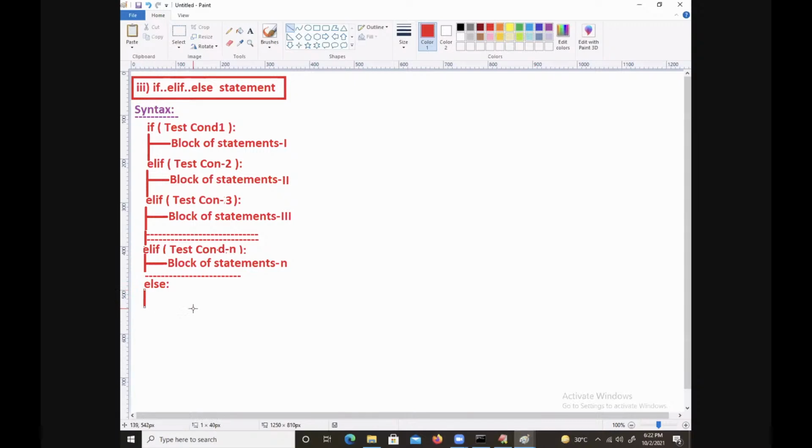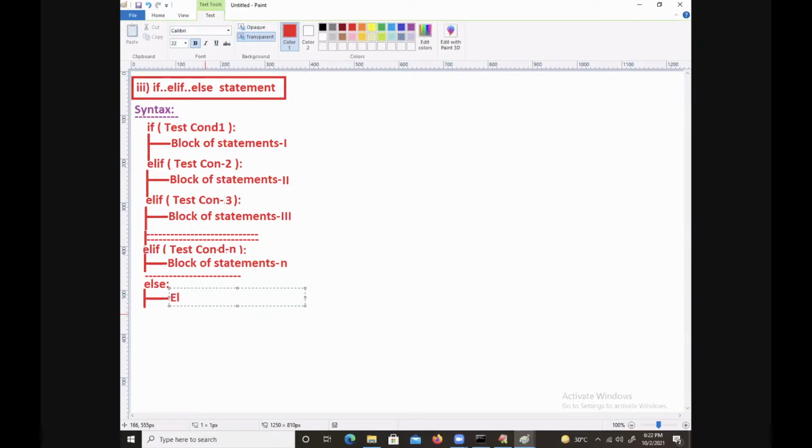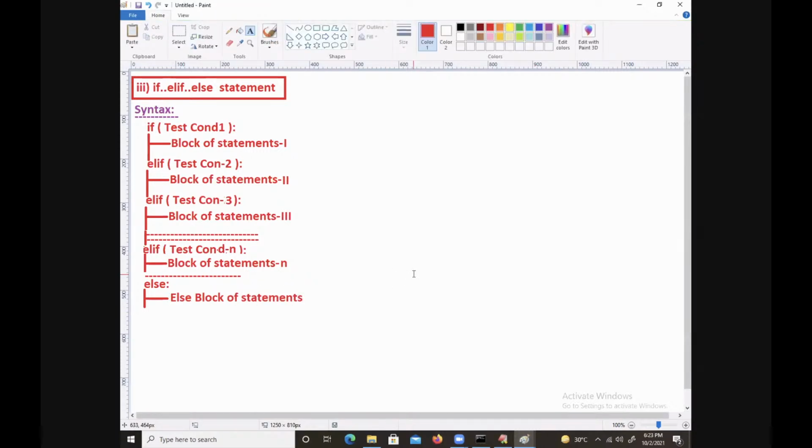There I am going to write it. What are those statements? Else block of statements I am writing. Execute else block of statements. I am giving the name else block of statements. Good. Come on, have the conclusion here.